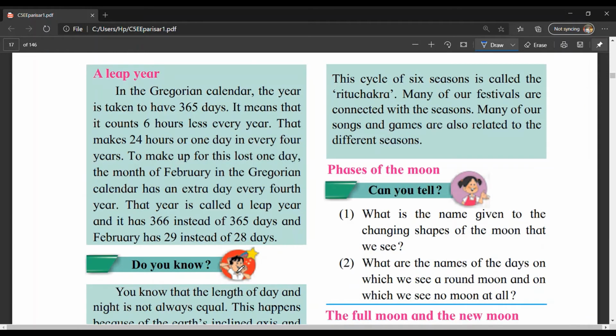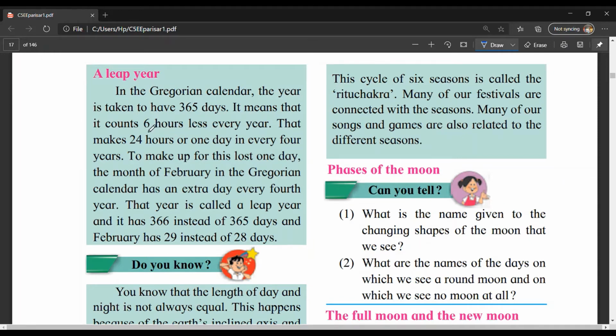Okay children, let's learn about leap year. I have told you that whenever Earth revolves around the Sun, it takes 365 days plus 6 hours. But in our calendar, we have only 365 days. So where are those 6 hours gone?